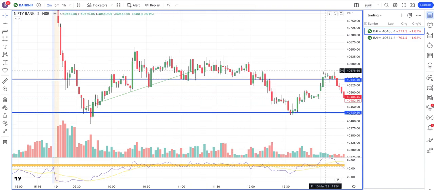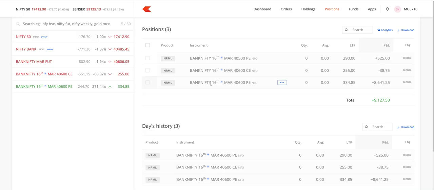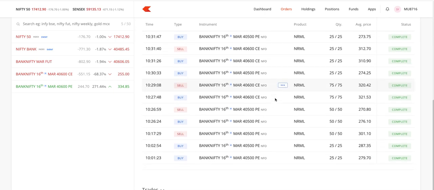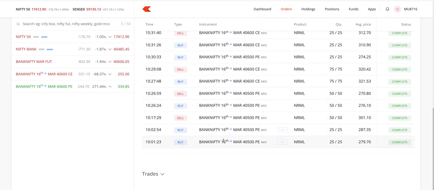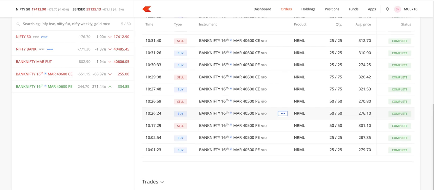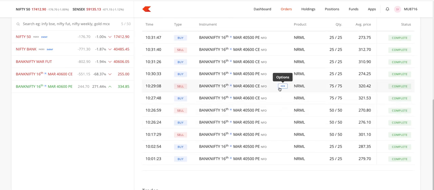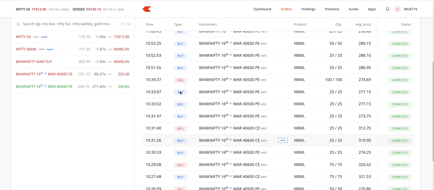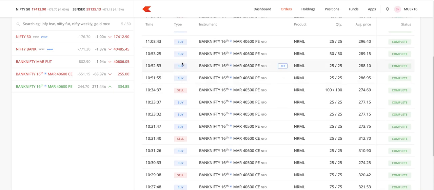Now let me share my Zerodha account for the day. So if you see the number of orders today, initially I took some positions around 10 o'clock, then 10:17, then 10:25. I took some trades, and then finally I was only buying beyond a point, and then I was continuously buying.